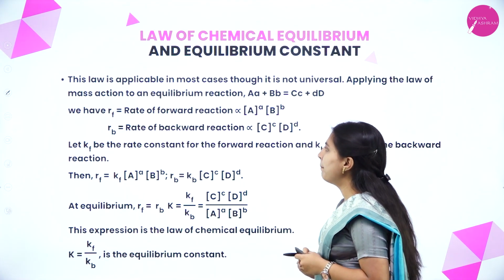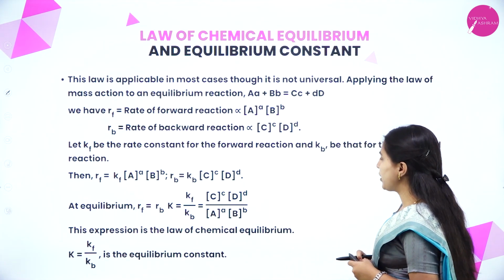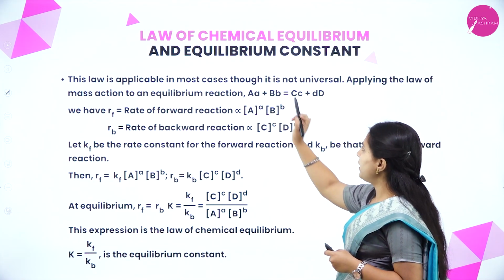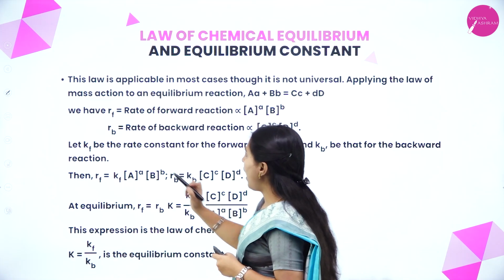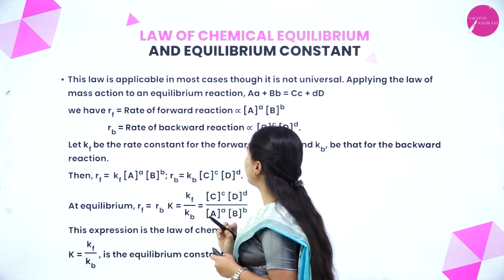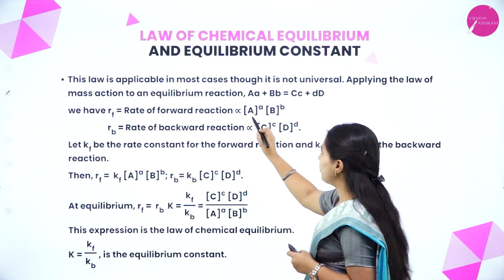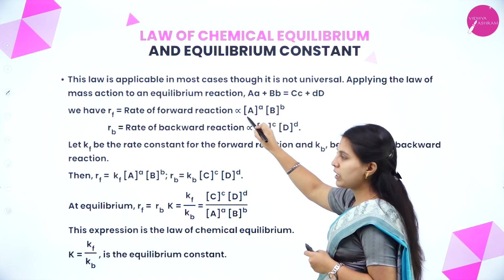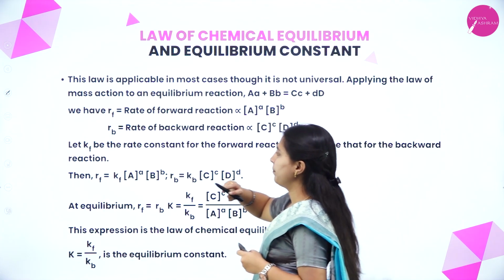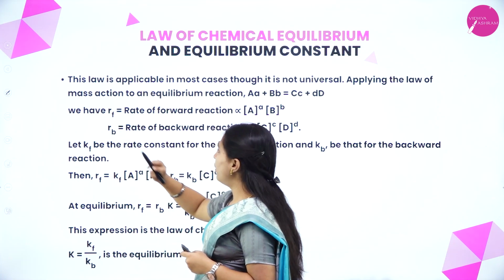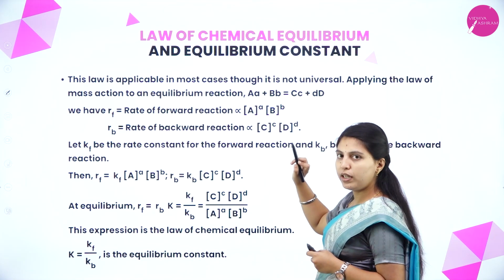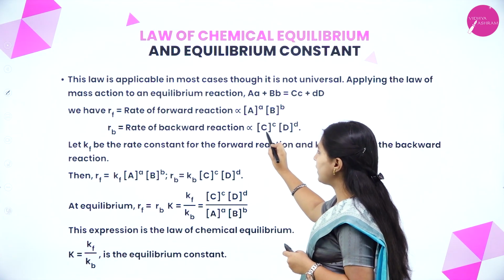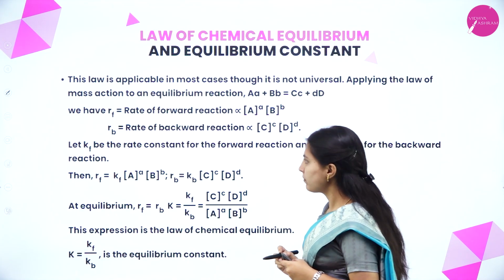Applying the law of mass action to an equilibrium reaction, see here, A plus B giving C plus D. We have Rf, which is the rate of forward reaction, directly proportional to the molar concentration of reactants A plus B. And the rate of backward reaction is directly proportional to the molar concentration of products, that is C into D.